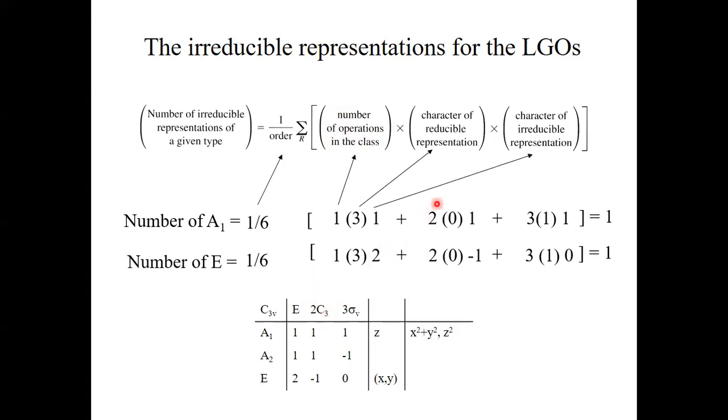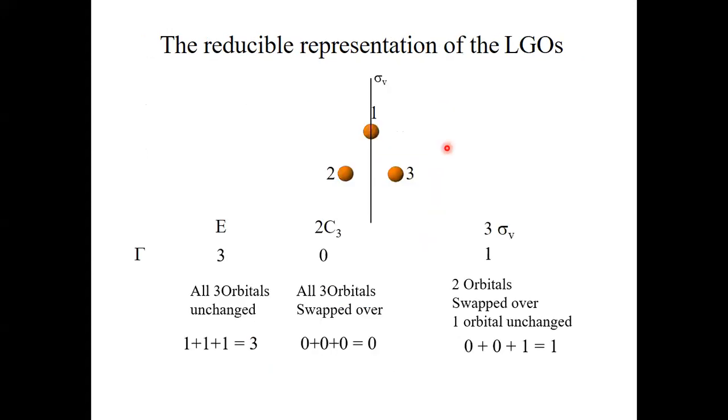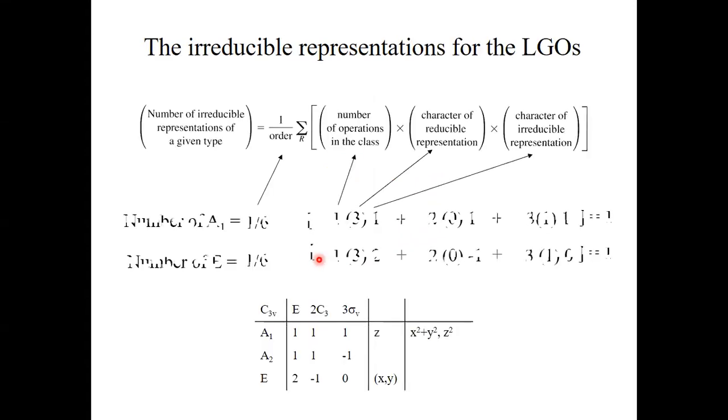So we have therefore a character 2 that we now have to multiply with the character of the reducible representation. So we can look this up, and we saw that the character was 0. Therefore, we have 2 times 0. What is the character of the irreducible representation? It is 1. Why is it 1? Because the character underneath C3 in the row for the irreducible representation A1 is 1.